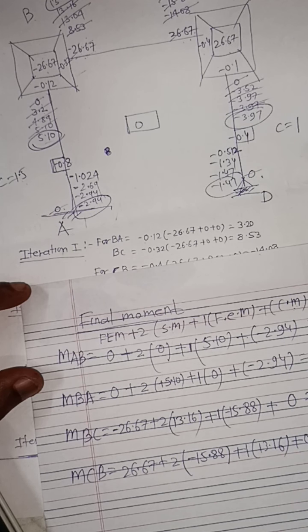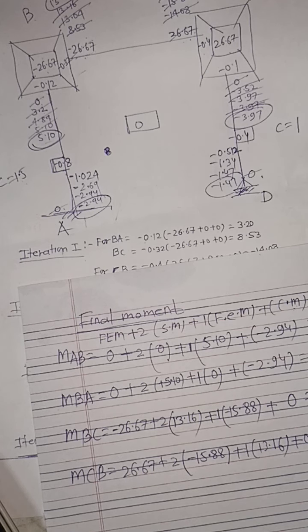So how much will this come? 26.67 plus 2 into minus 15.88, plus 13.16. Final answer is 8.07. So 8.07 will be the answer for MCB. But why will MBC not come the same? Let us see that. 8.07, CB has come.